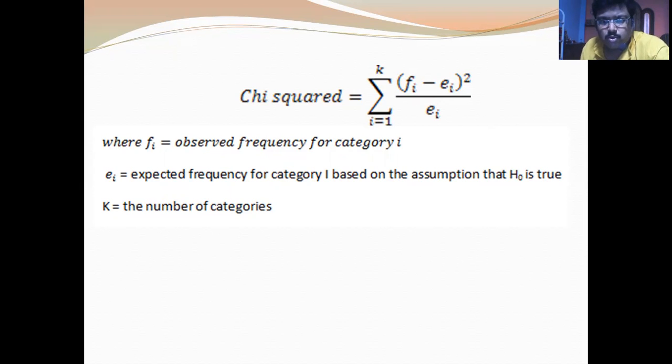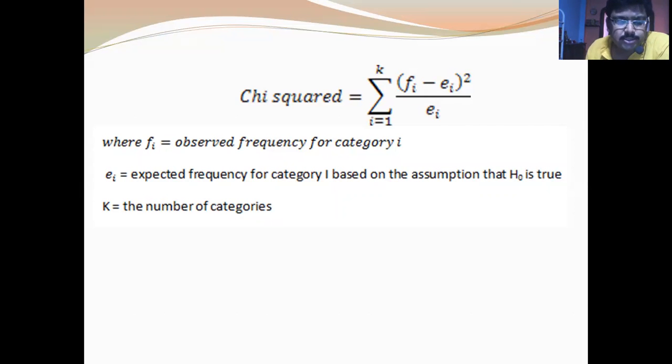So 200 multiplied with the 50% is 100, and 200 multiplied with the 30% is 60, and 200 multiplied with the 20% is 40.